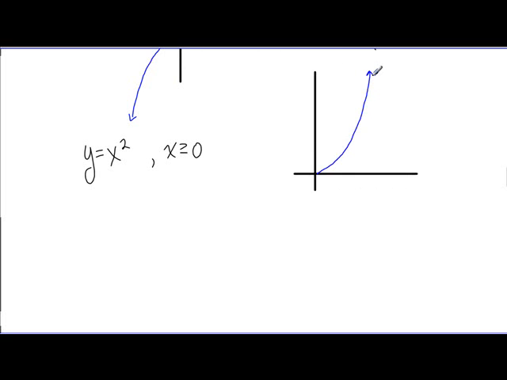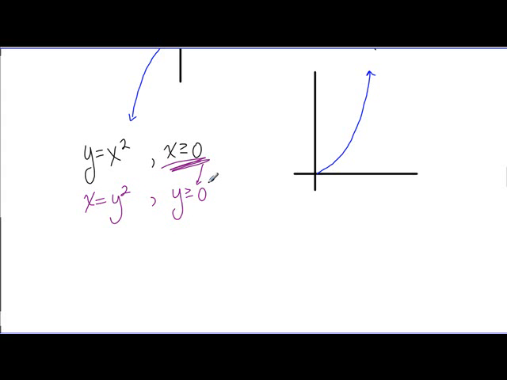Same steps as before, switch the x's and the y's, so x is equal to y squared, but every place you have an x, you're going to replace it with a y. Every place you have a y, you're going to replace it with an x, including the domain x is greater than or equal to 0. When you're switching things around, you end up with y is greater than or equal to 0.